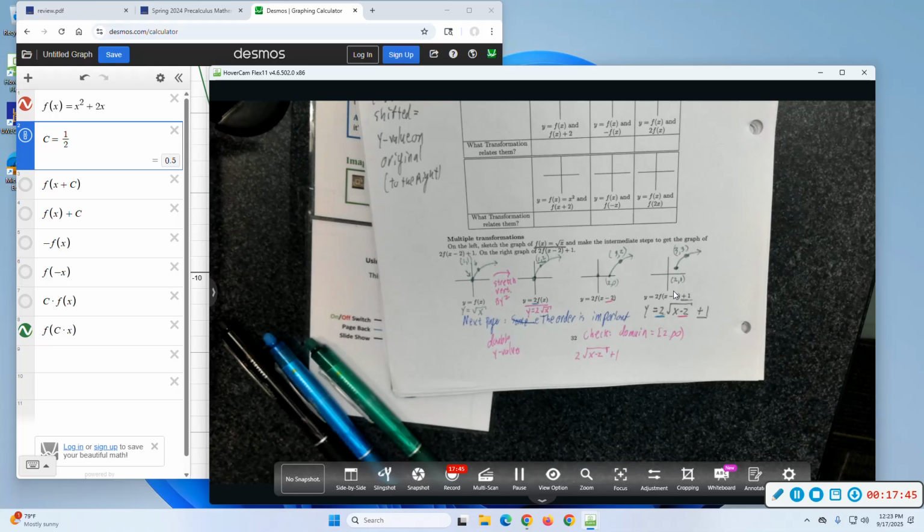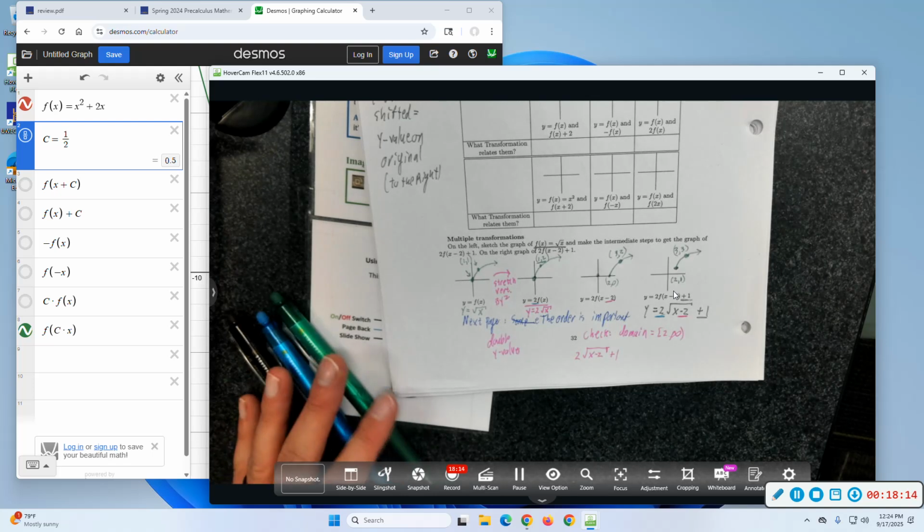So subtract 1 from both sides, y minus 1 equals 2 times square root of x minus 2, and so on. Okay, yeah. I think that would be a good way to tell the range, because at the end you would say, what y values could you get out of that?